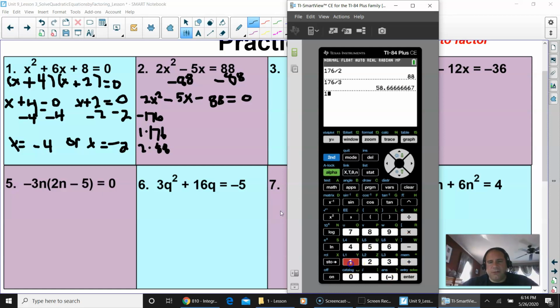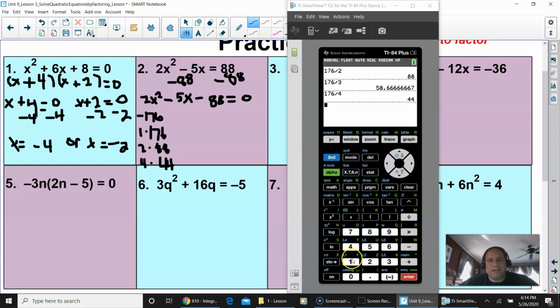No good. 176 divided by 4. 44. So 4 times 44. That works for multiplying, but it doesn't work for adding to -5.